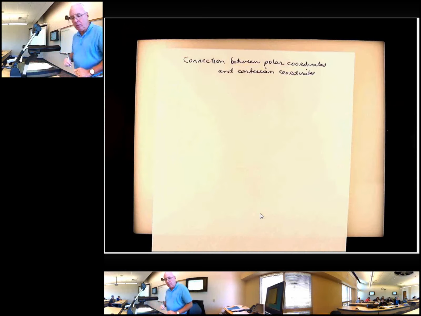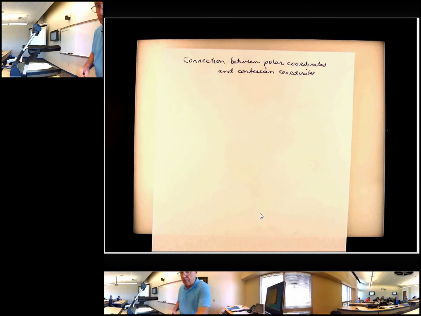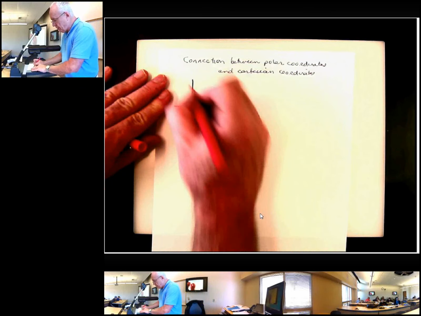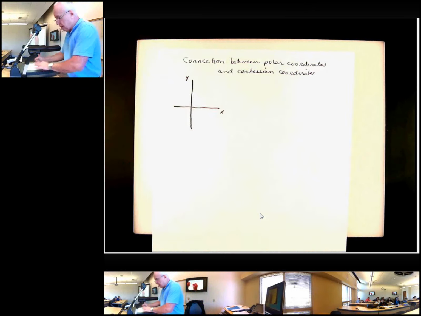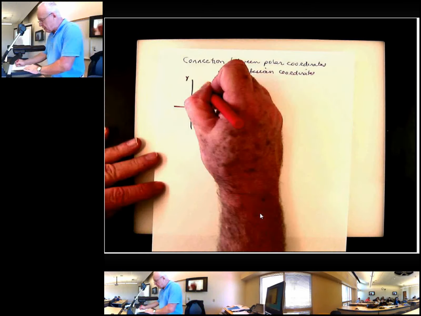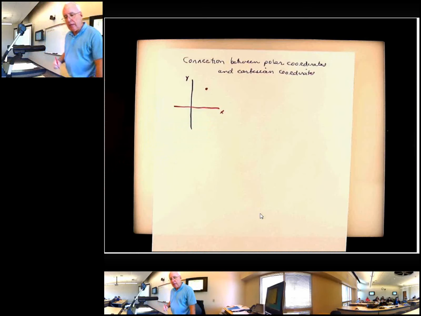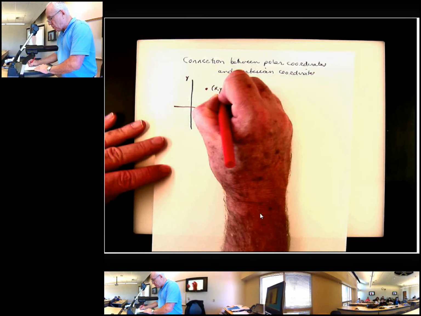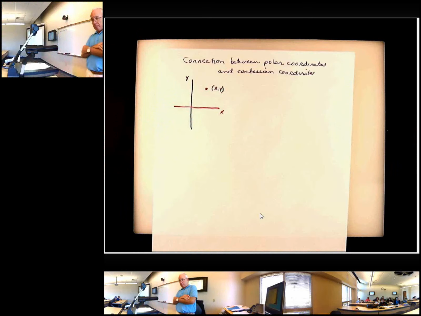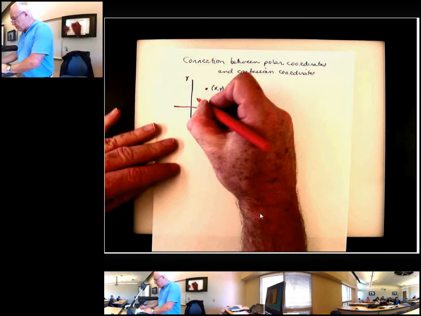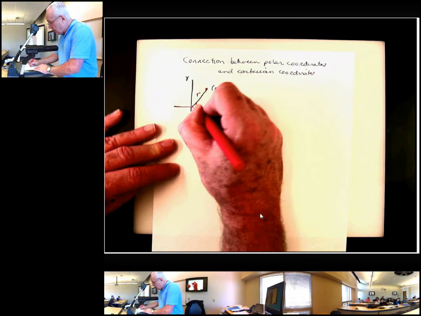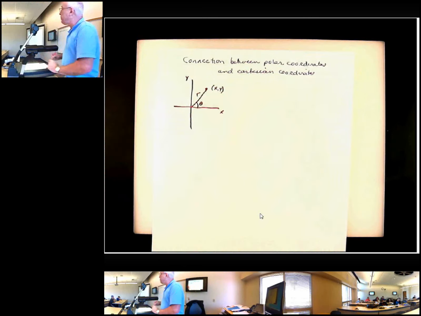All right, let's draw a picture again. X and Y. Let's put a point up here. Now, in Cartesian coordinates, we just would represent this as x comma y. In polar coordinates, though, we have a distance here of r and an angle here of theta.